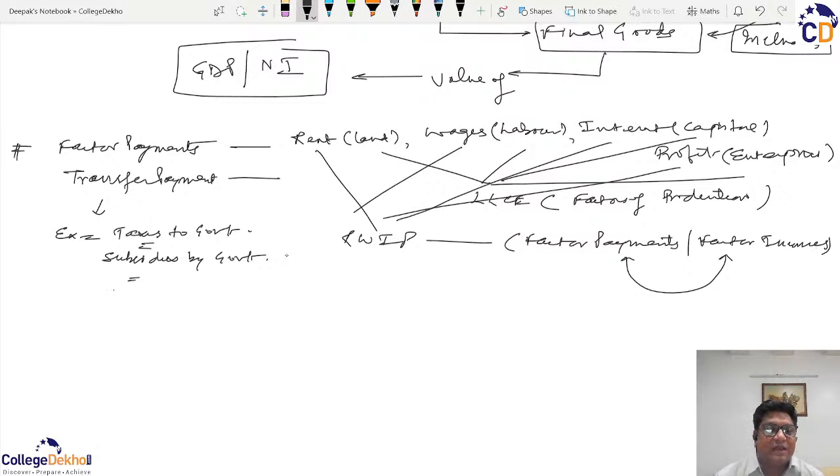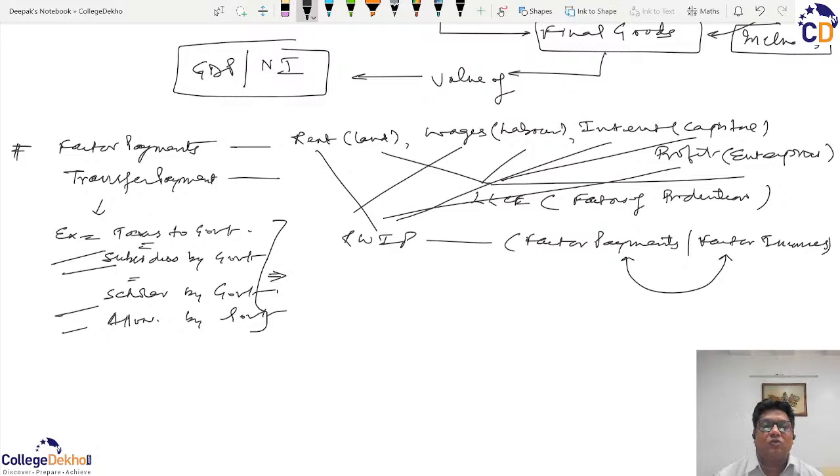Similarly, there is any scholarship by the government to the needy students, or there is any kind of unemployment allowance by the government to the unemployed, then such payments are made not for the work that has been done, but in addition to such factors of production. This payment has been made without any effort being done to generate them, and therefore they are transfer payments.